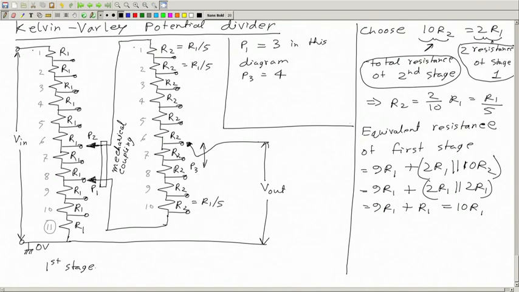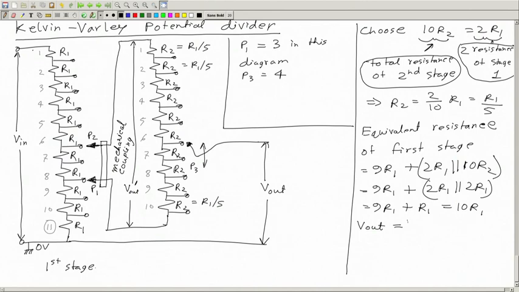Now, what will be the value of V out? That's the question. V out is equal to how much? We can write, if we call this voltage V out prime, then this is of course V out prime multiplied by this factor 1, 2, 3, 4 by 10.